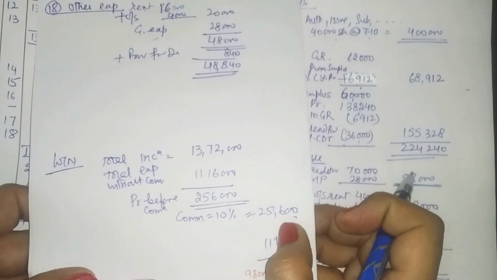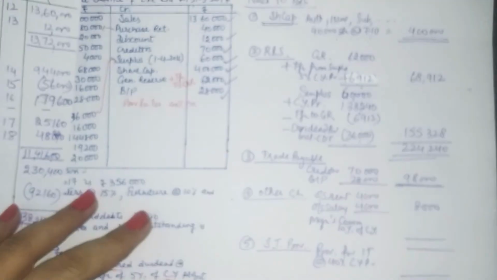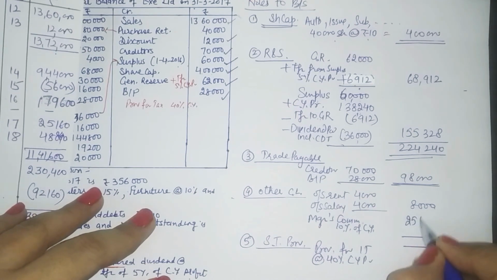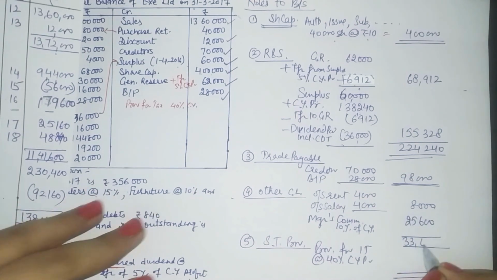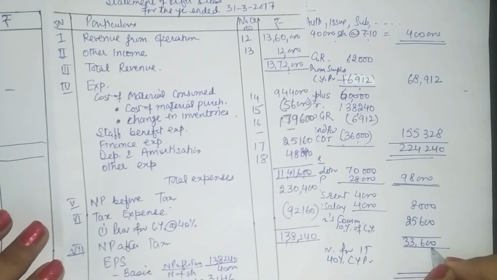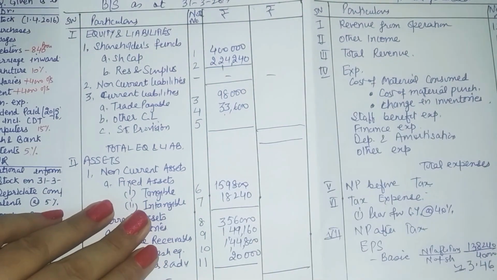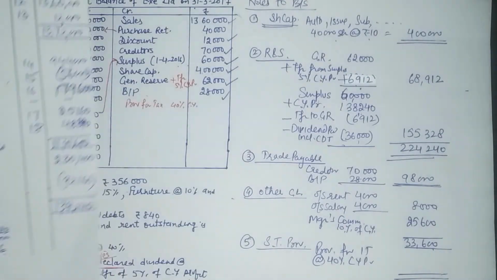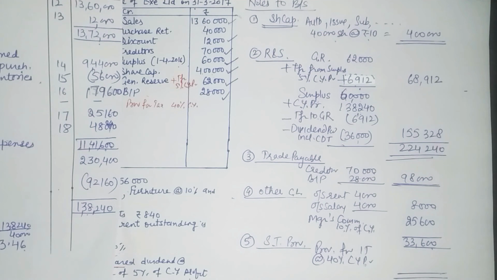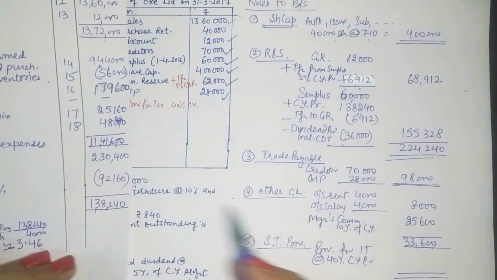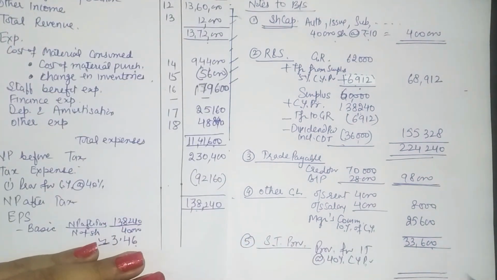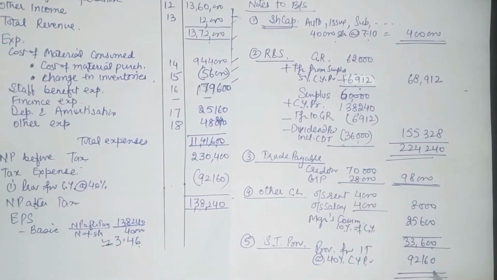Manager's commission 25,600. So this will be taken. That makes 33,600 as the amount. So your other current liabilities 33,600. Short-term provision. Now short-term provision is provision for income taxes 92,160. So this will be reported.